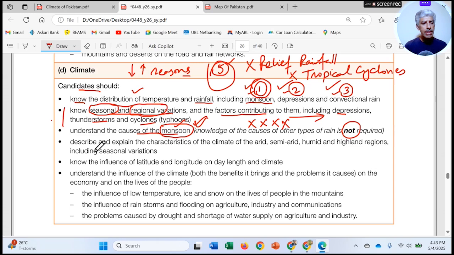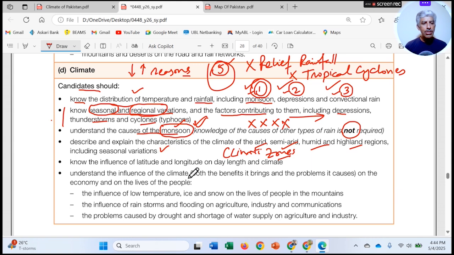Next point. Describe and explain the characteristics of the climate of the arid, semi-arid, humid, and highland regions. So in this particular point, it is talking about the climatic zones, and this is our today's topic: in the highlands, lowlands, arid, semi-arid, and humid climates, what sort of climatic conditions are there and why.